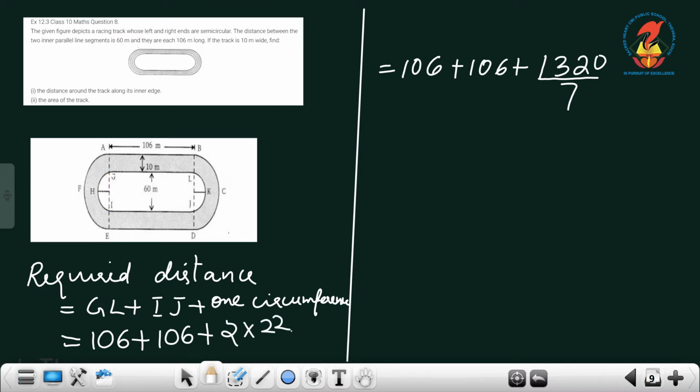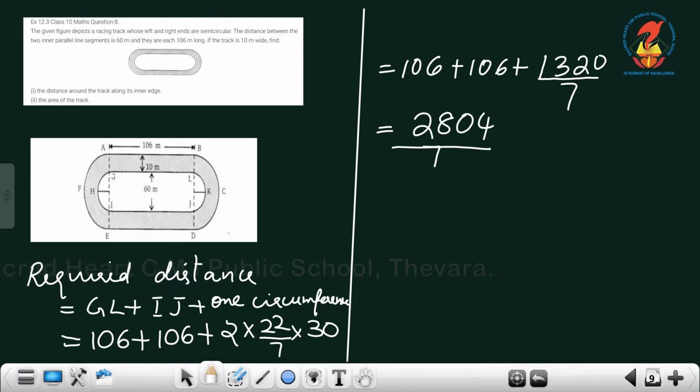2 into 22 by 7 into 30, that is 2 pi r. So, 106 plus 106 plus 1320 by 7, which is equal to 2804 divided by 7 centimeter, which you have to find in decimal form.